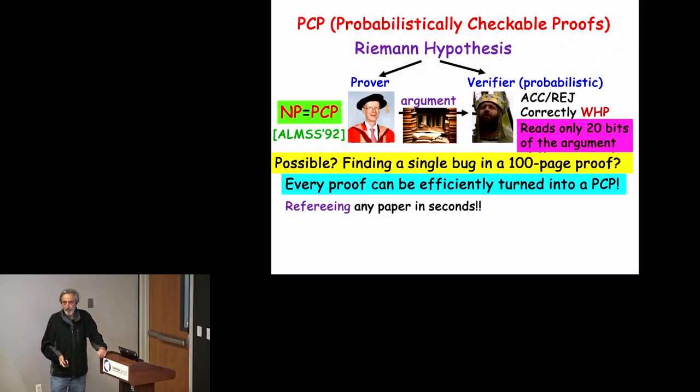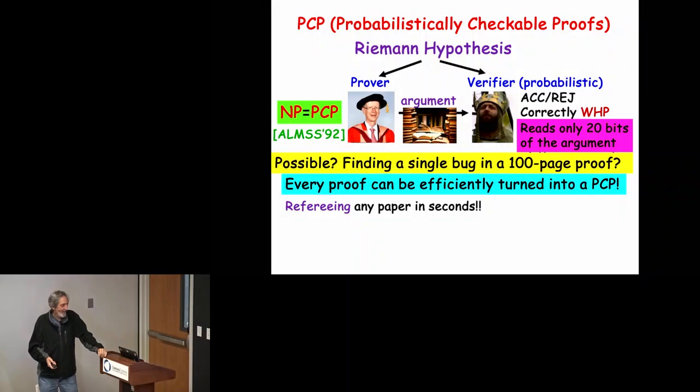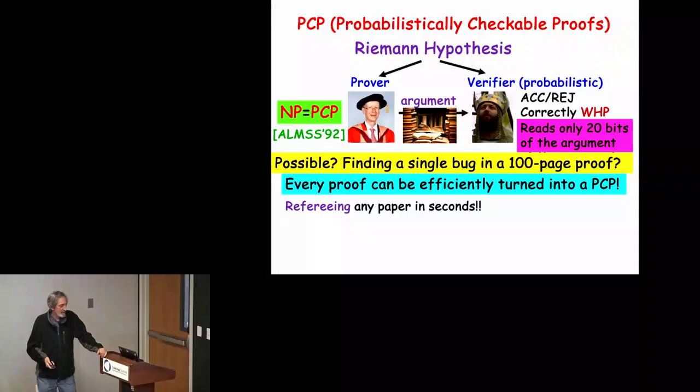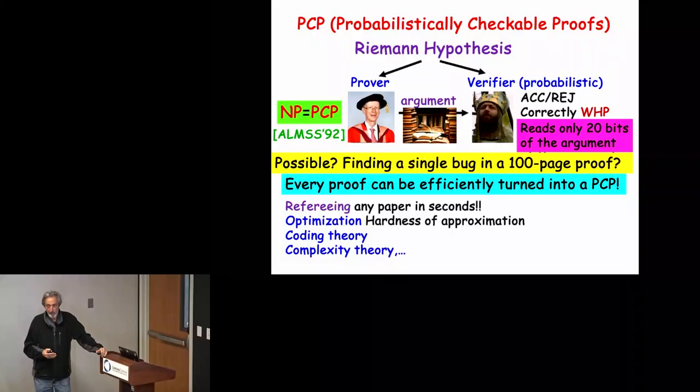This is supposed to be the killer application of this theorem, but of course we don't have it yet. But it has a huge impact, and the impact is mainly in the area of optimization. Because of this theorem, we can now prove NP-hardness of obtaining approximate solutions to optimization problems.